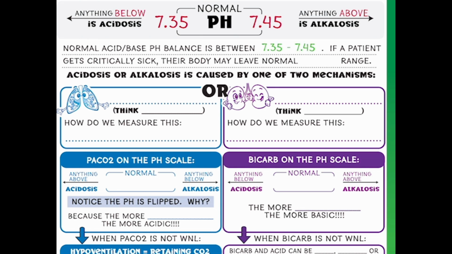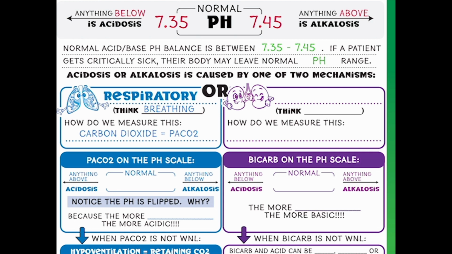If a patient gets critically sick, their body may leave this normal pH range. So acidosis or alkalosis is caused by one of two mechanisms. This can be respiratory, and remember, we want to think of our breathing, and we measure this through that carbon dioxide, that PaCO2.